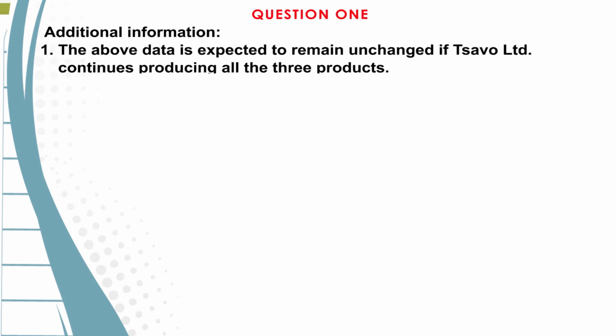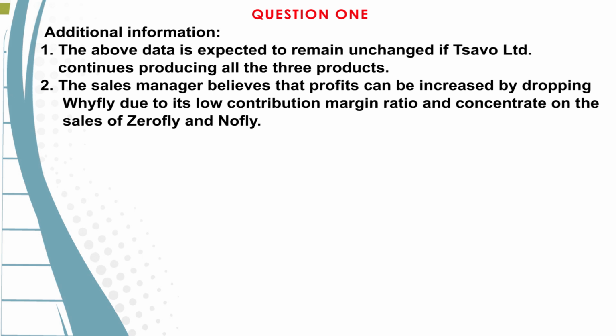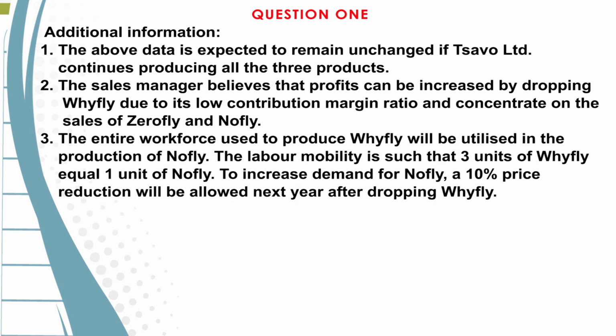Additional information: number 1, the above data is expected to remain unchanged if TL Limited continues producing all the 3 products. 2, the sales manager believes that profits can be increased by dropping Y-Fly due to its low contribution margin ratio and concentrating on the sale of Zero Fly and No Fly. 3, the entire workforce used to produce Y-Fly will be utilized in the production of No Fly.